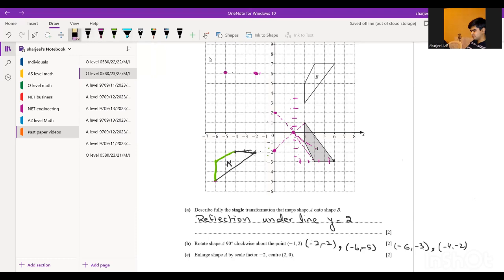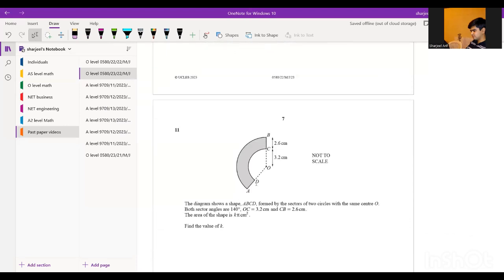So here are the lines. Okay, the center of enlargement was here. So the enlarged figure will be like this. This is part C. Now we will move on to question number 11.